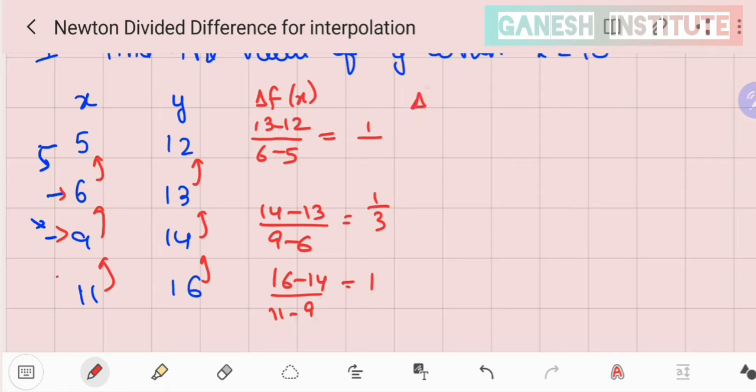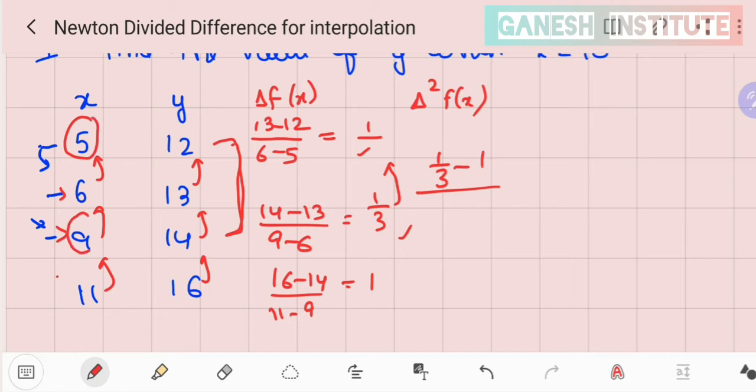Then another higher order operator is, again subtract: 1 minus 1 by 3 divided by, now see, these two values, 1 and 1 by 3, are covering these three values. So skip the middle one, take these two values, 9 minus 5, okay?